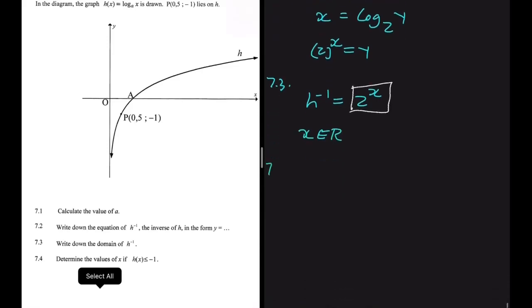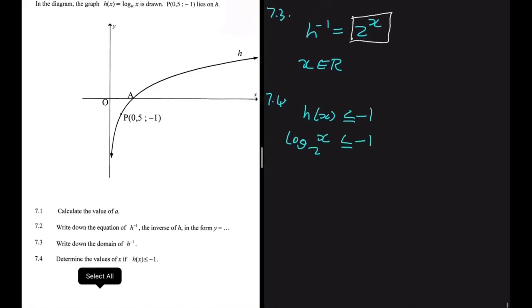And then 7.4 is saying let's determine the values of x for which h of x is less than or equal to minus 1. Right, so what is h of x again? We know fully well that that is log of x base 2, and then it's supposed to be less than or equal to minus 1, right? So let's go ahead and solve this.